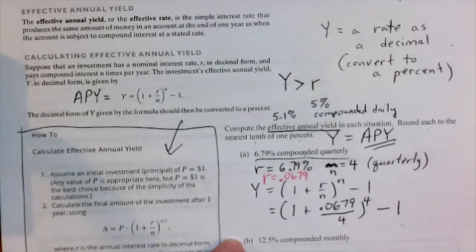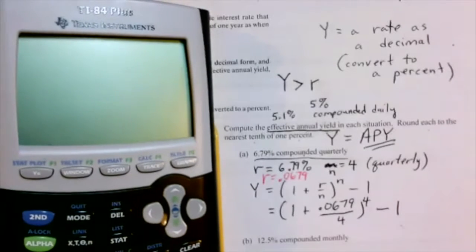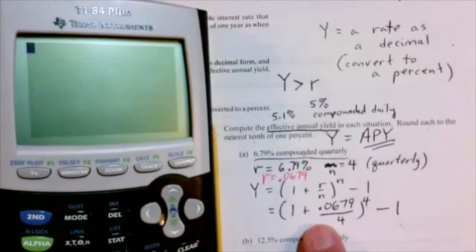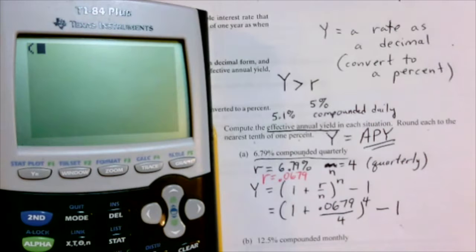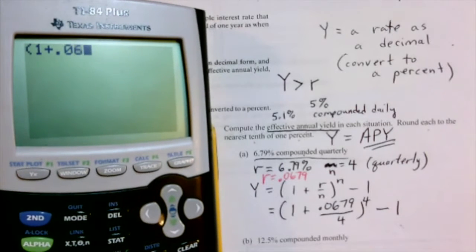And the only thing left to do there is to punch it in on your calculator. So I think we can get it all in one line. 1 plus 0.0679 divided by 4, close the parentheses, and then raise that to the 4th power, and then subtract 1.